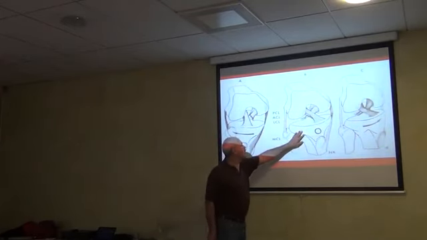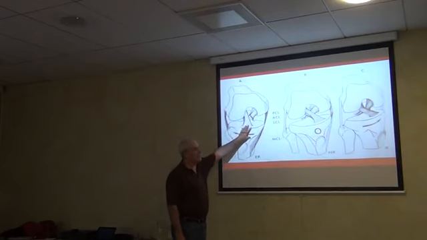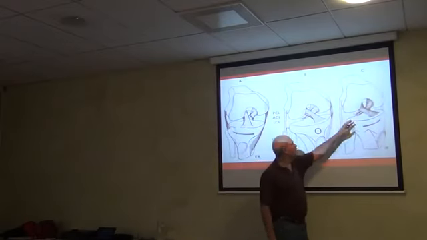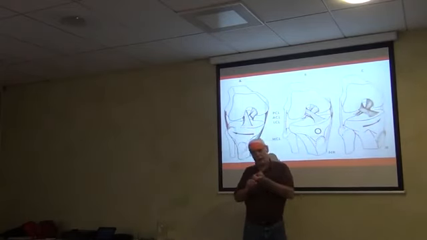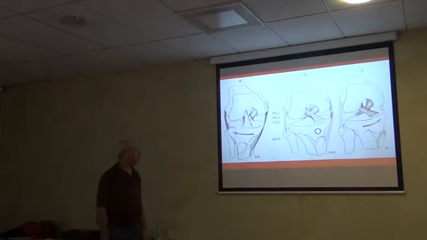In neutral position, they are in contact. In external rotation, they are not in contact anymore. In internal rotation, they twist one over the other.